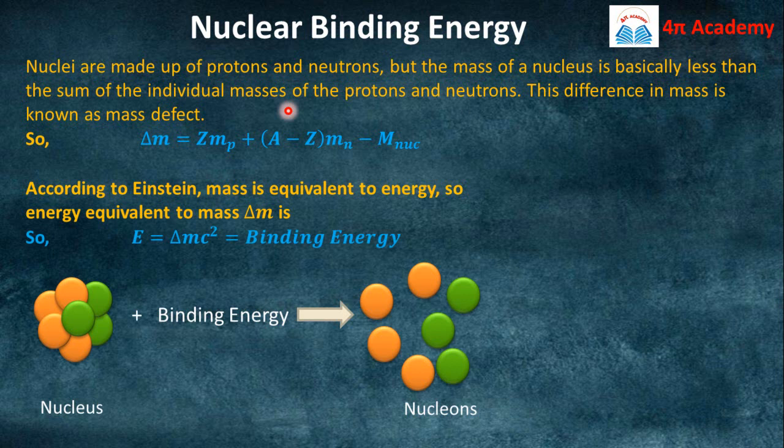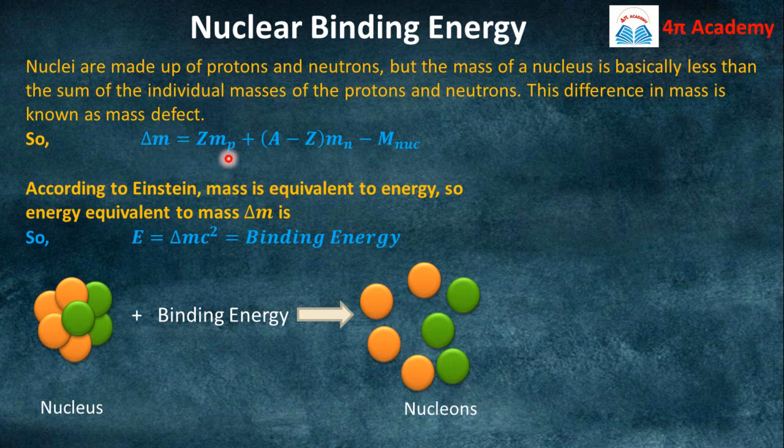Here is a nucleus, where the green particles are neutrons and the orange particles are protons, closely packed. And this is the image when the protons and neutrons are separated. If we separate the nucleus into individual protons and neutrons, we see there is a mass difference between these two entities, and this mass difference is known as mass defect.